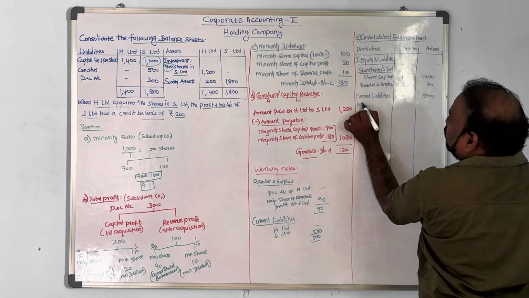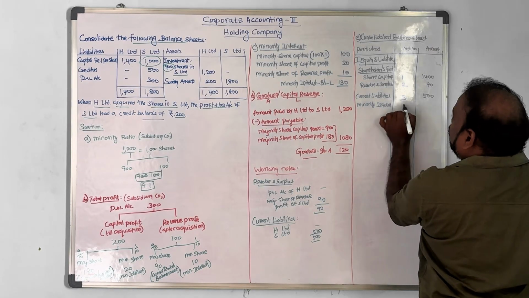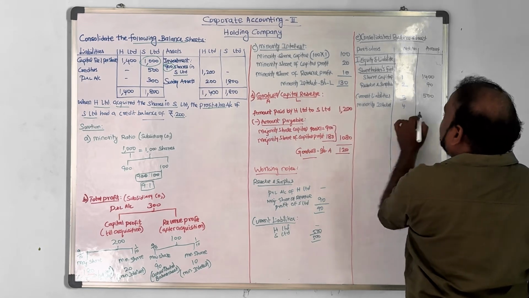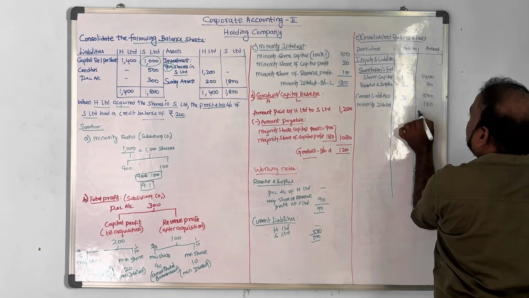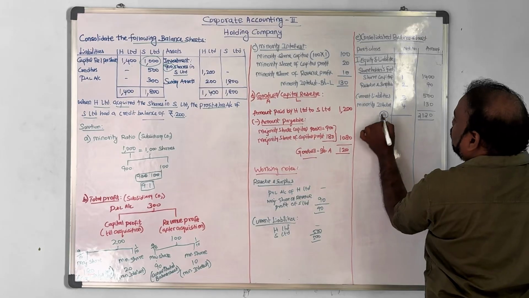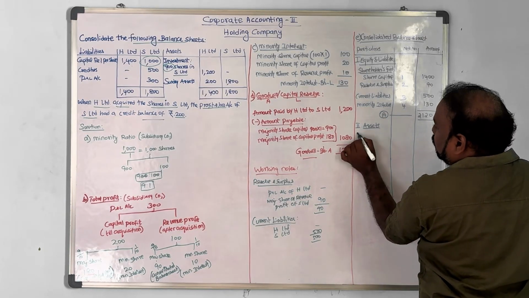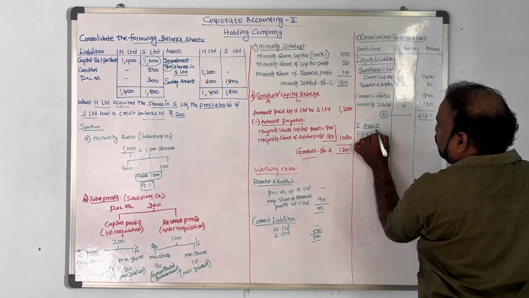Then minority interest will come directly; we calculated 130. That's it. Total 2120. It is A. And Roman numeral 2, assets. Property, plant and equipment, that is fixed asset.